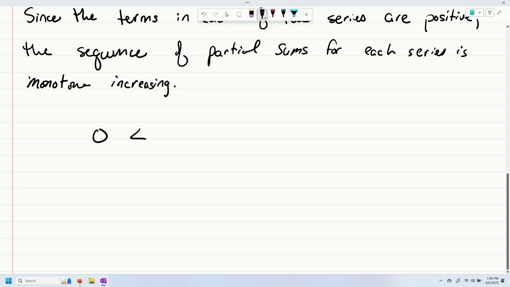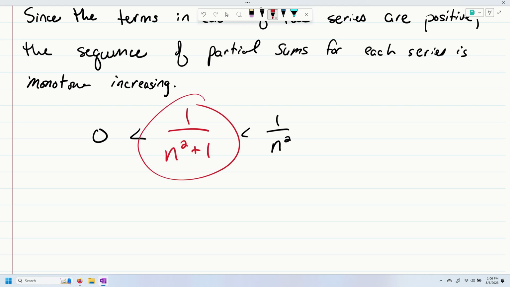Now, if we think about this, what we're really trying to demonstrate here is this right here. Does it fit in the middle?